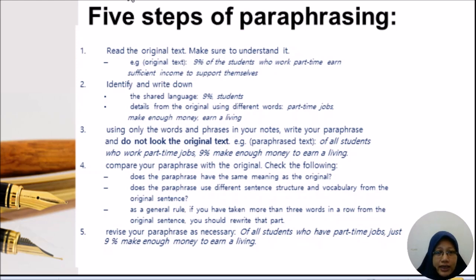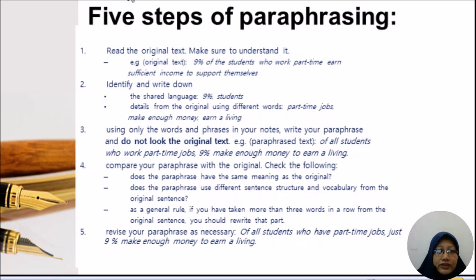So take a note and write down your understanding of the meaning in your own words. In this example, the note is: 9% students, part-time jobs, make enough money, earn a living.